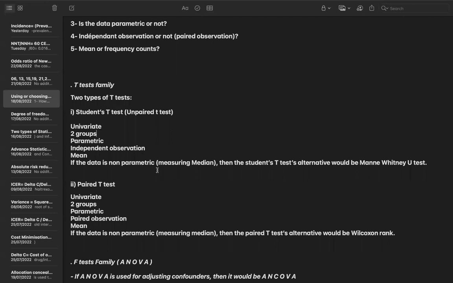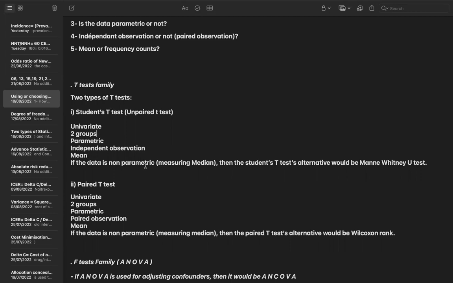If the data is non-parametric, which means that we are measuring median. See, we have different types of data, right? What are the types of data? Continuous, nominal, ordinal, and all those types of things. So if the data is non-parametric, always remember that parametric means we are measuring mean.